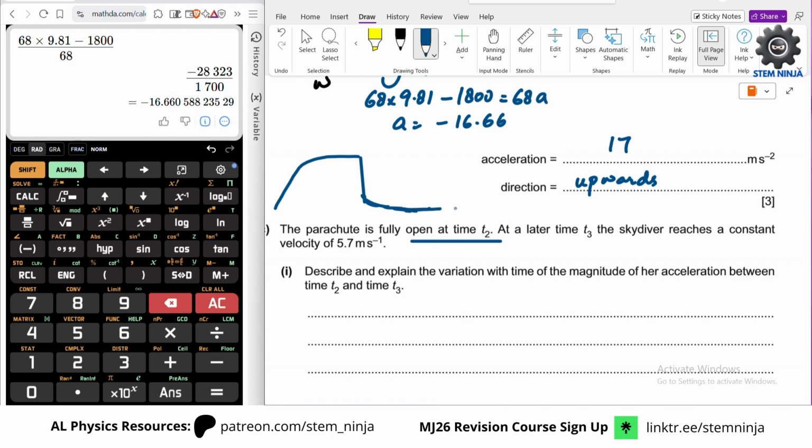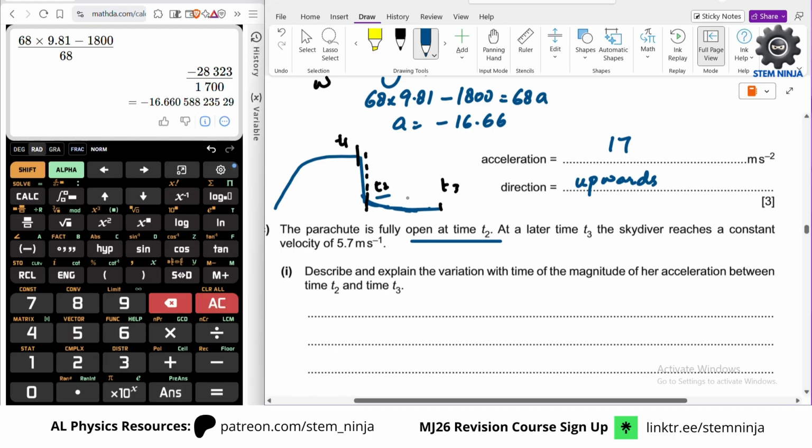It will start going this way again. It will quickly achieve terminal velocity again. So basically that's what we need to show, that this is, for example, where T2 is, and this is where the T1 was. So after T2, and this is, let's say, T3, we need to show the variation between them.